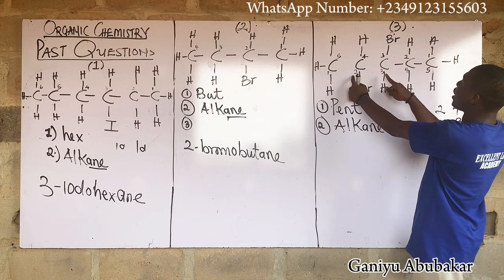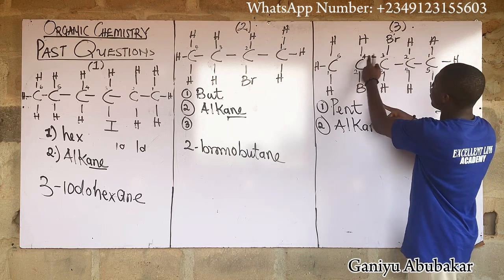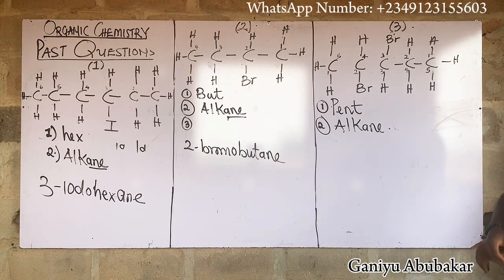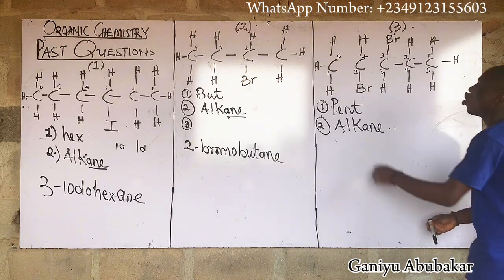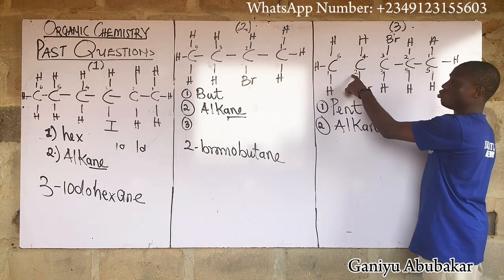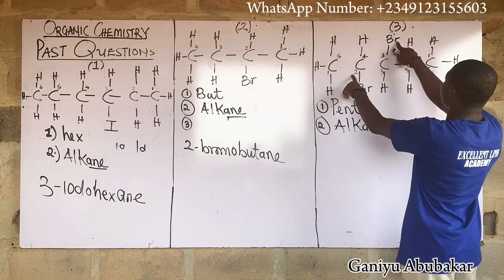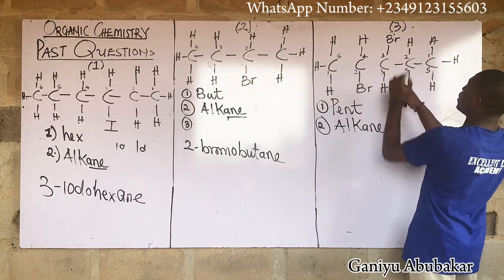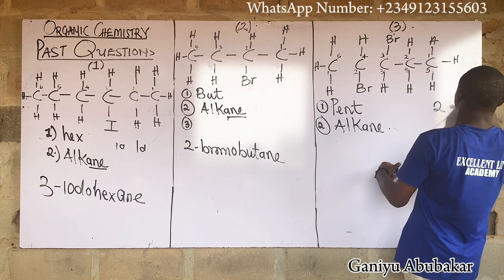In between 2 and 3, and 3 and 4, which one is least? Listen up. This bromine is attached to carbon 2, and the second one is attached to carbon 3.